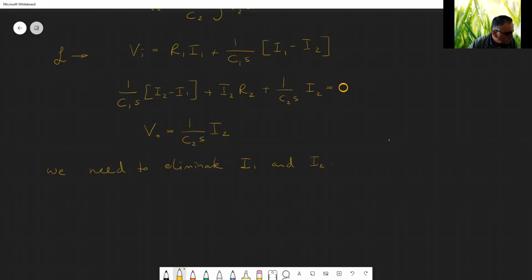Well, you can just substitute one into another to get that, but there might be a quicker way. We can write, for example, the matrix equation like this, which is the following: R1 plus 1 over C1S.